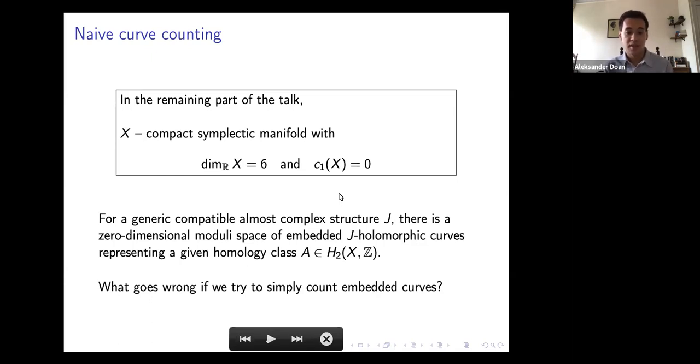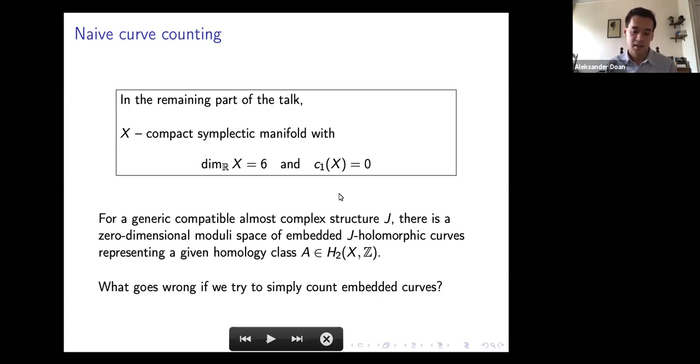So if you have such a manifold, you can choose a generic almost complex structure J, which is compatible with the symplectic form. And in fact, this is a standard result in the theory of pseudo-holomorphic curves, that for such a generic J, there will be a zero-dimensional moduli space of embedded J-holomorphic curves in a given homology class. So this is a standard transversality result.